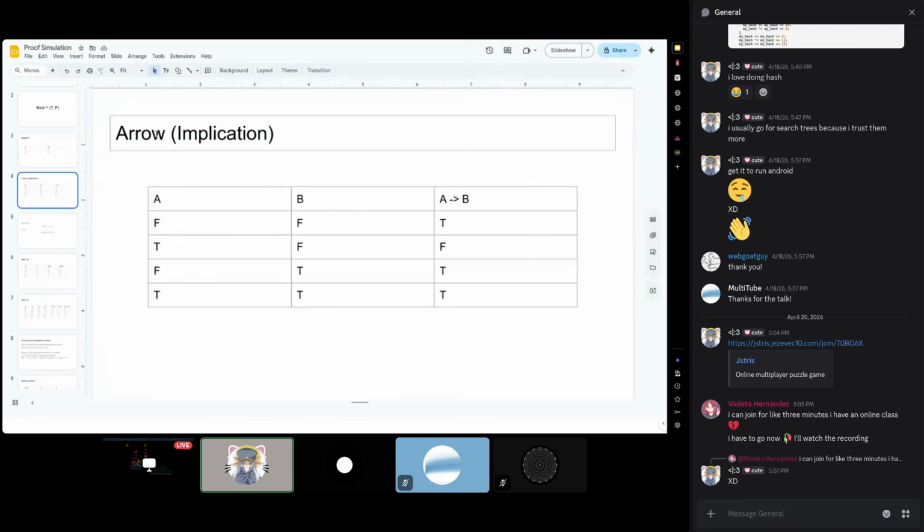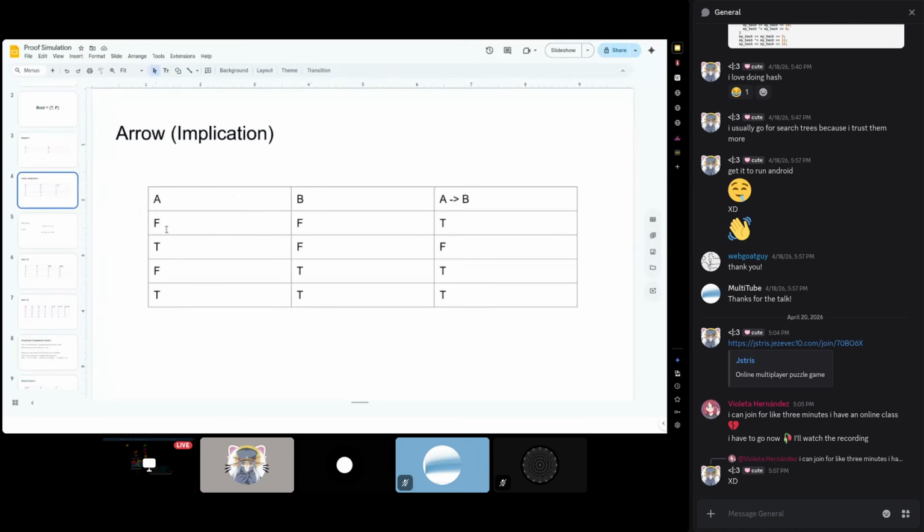Another one is arrow, as I call it, but it's also known as implication. What this implication operator is trying to say is if A is true, then B is true. So if A is true and B is true, then A implies B is true, right?